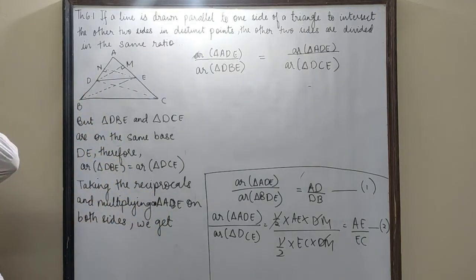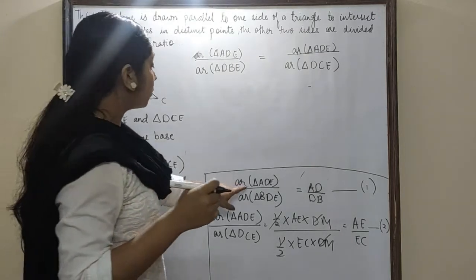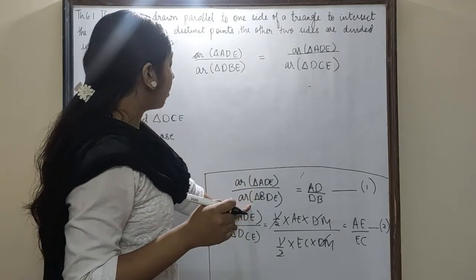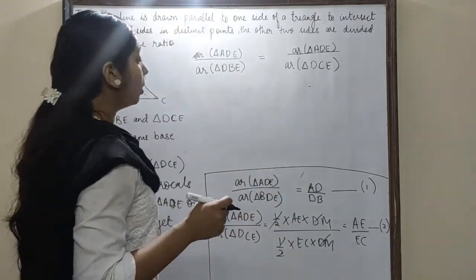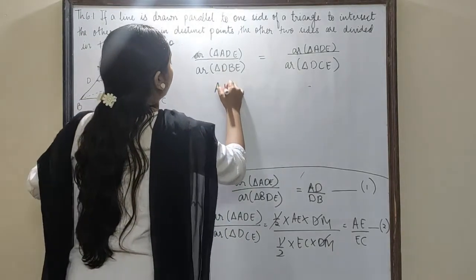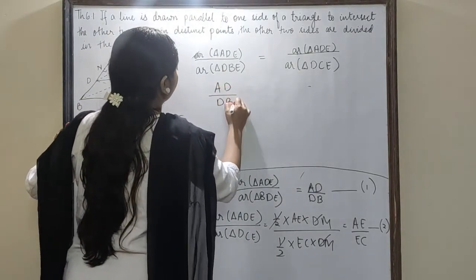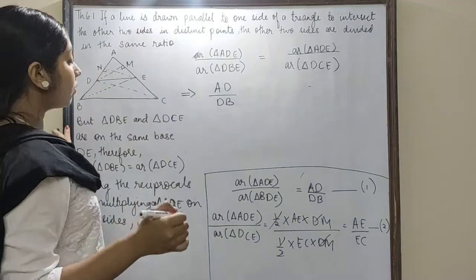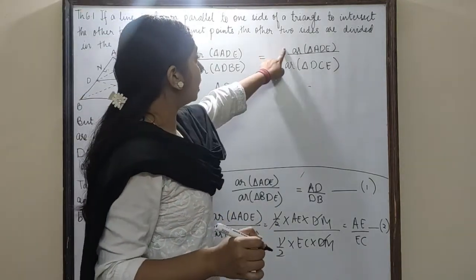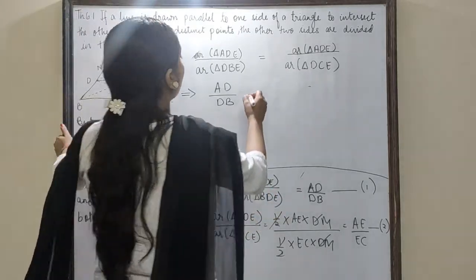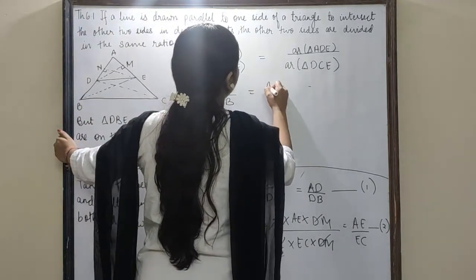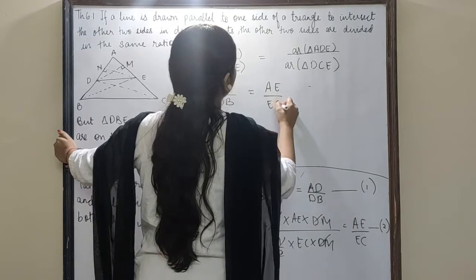Now, area of triangle ADE upon area of triangle BDE, what do we have? We have AD upon DB. Next we have area of triangle ADE upon area of triangle DCE, which gives us AE upon EC.